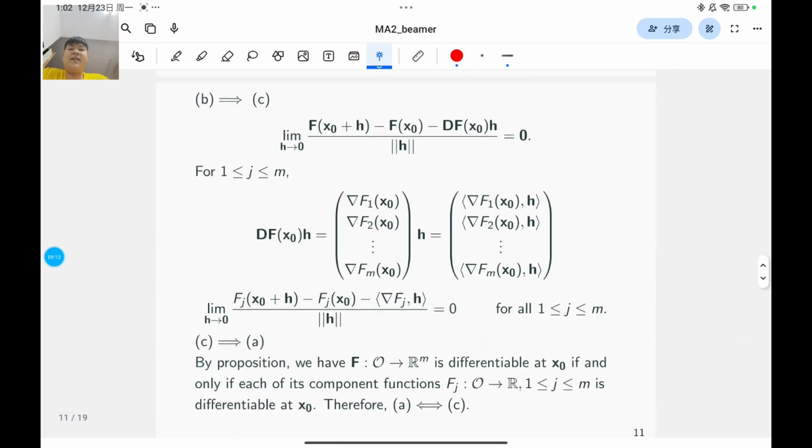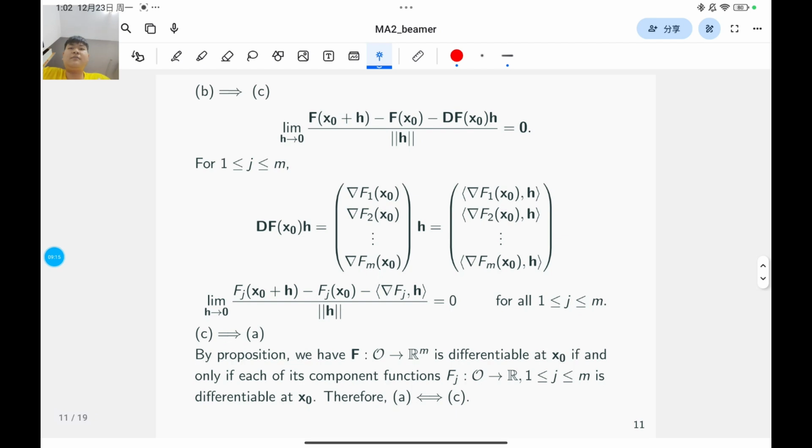Next, we prove B implies C. We assume the function has partial derivatives at x0 and this limit is 0. Then for j from 1 to m, we can write the gradient of the component function fj at x0 as the j-th row of Df(x0).